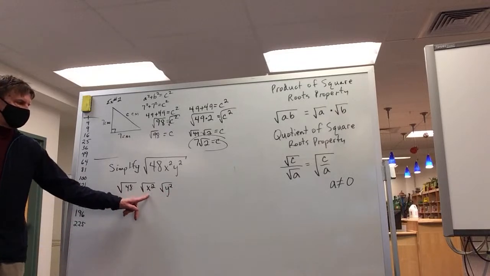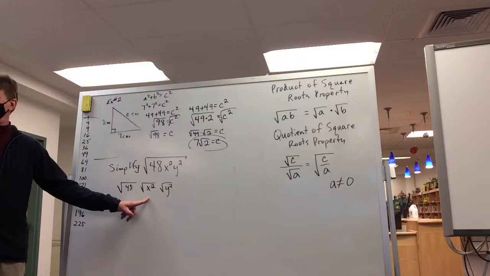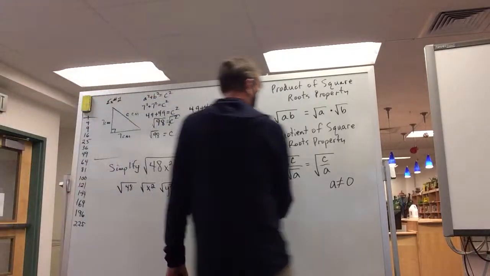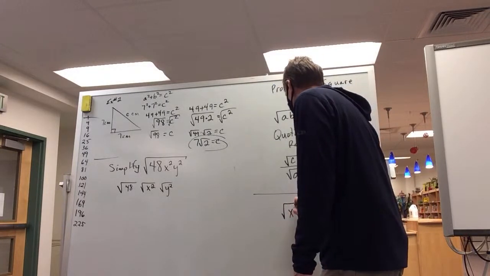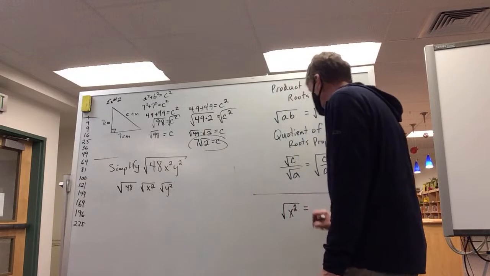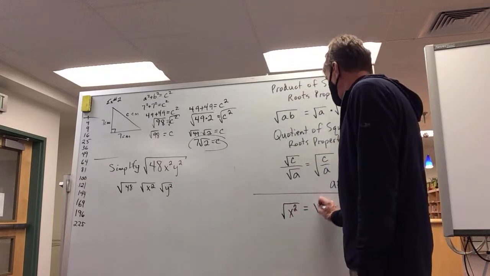So, can you find the square root of x squared? There's a property that you should have written down. The square root of any number squared is equal to the number.